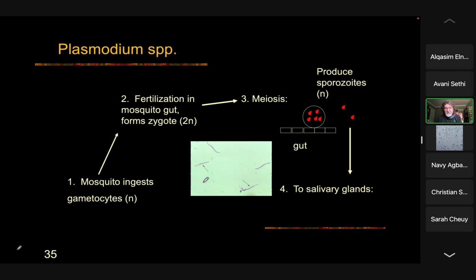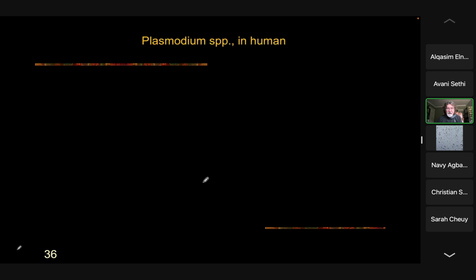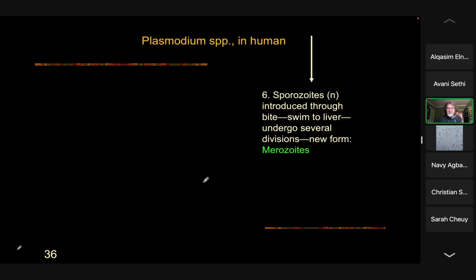It's only after these sporozoites have made it into the salivary glands. So when it bites another human, it injects these sporozoites through the tube, that's the proboscis. And then these sporozoites go through the blood system, and the first place they get out is in the liver.